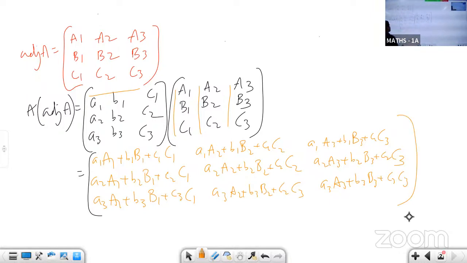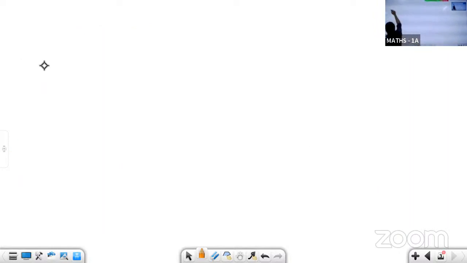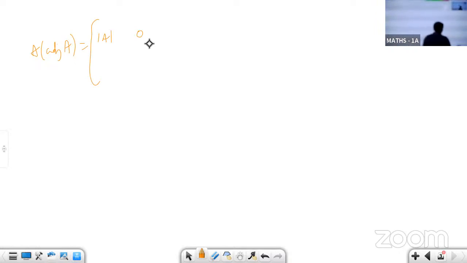Now, the most important thing: see, what is capital A1? Capital A1 is the cofactor of small a1, correct? And what is capital A2? Cofactor of small a2. So whenever an element is multiplied with its own cofactor, like c1 with its cofactor capital C1, what I am going to get is det A. When an element is multiplied with the cofactor of some other element, have a look.